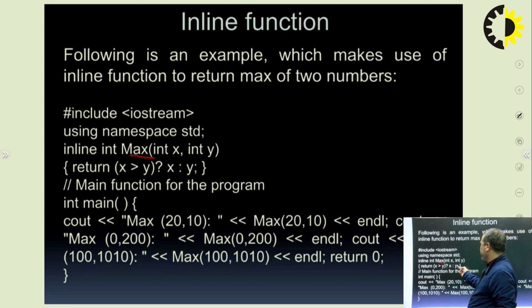Return x if it is greater than y, or y if it is not so. So here we have declared the function, and along with that we have even defined it. So this function is inline. The rest is quite similar.